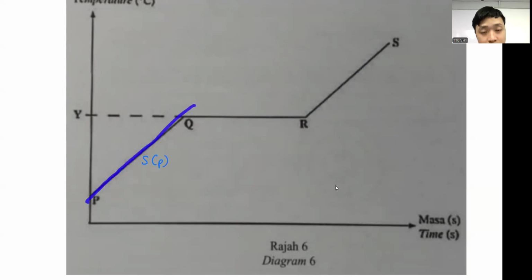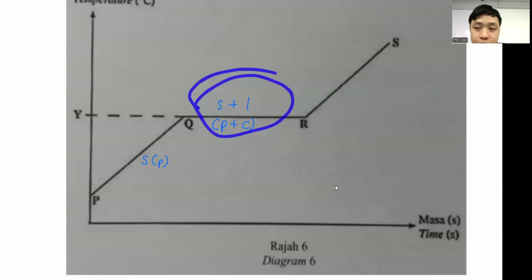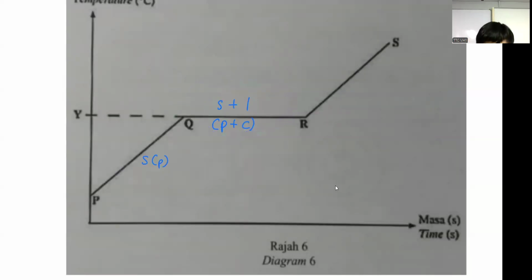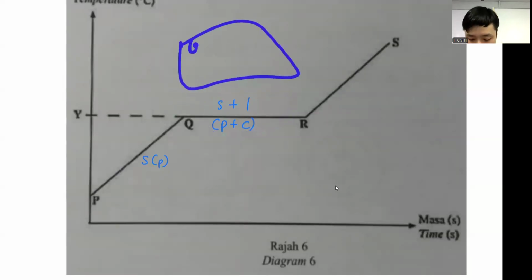When the temperature increases, there's a period of time when the temperature is constant, 温度没有变化, suhu tidak berubah. The solid is on the way to become liquid. It means mempunyai pepejal dan cecair. It is a mixture of solid and liquid, maybe like half is solid, half is liquid.